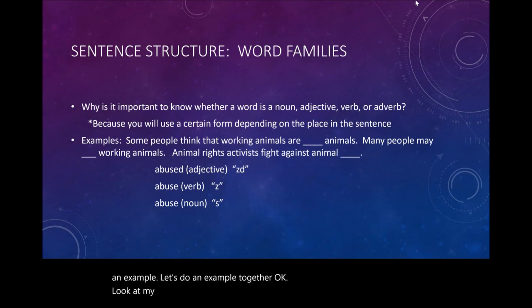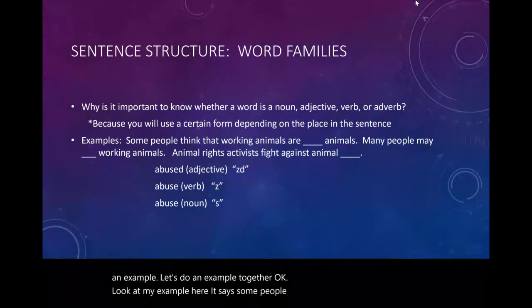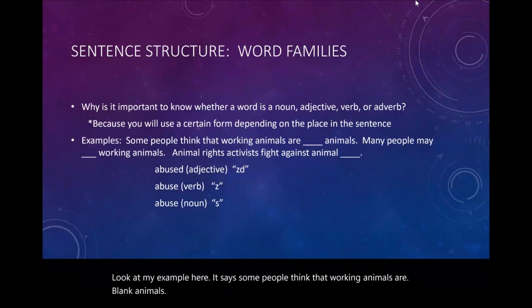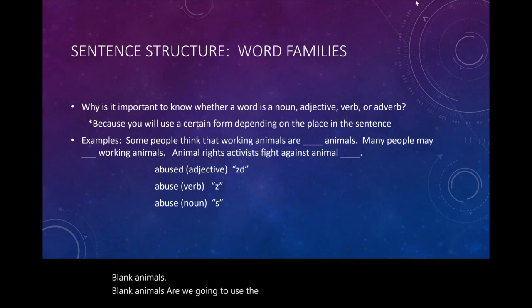It says some people think that working animals are blank animals. Blank animals. Are we going to use the adjective abused, or the verb abuse, or the noun abuse? This is one of our vocabulary words, so we're practicing with this one.